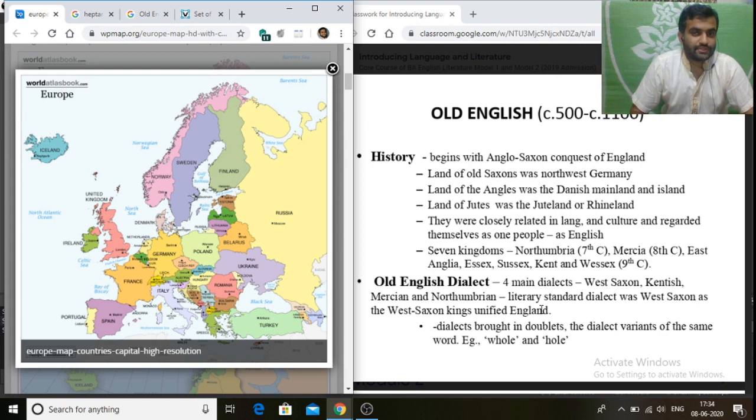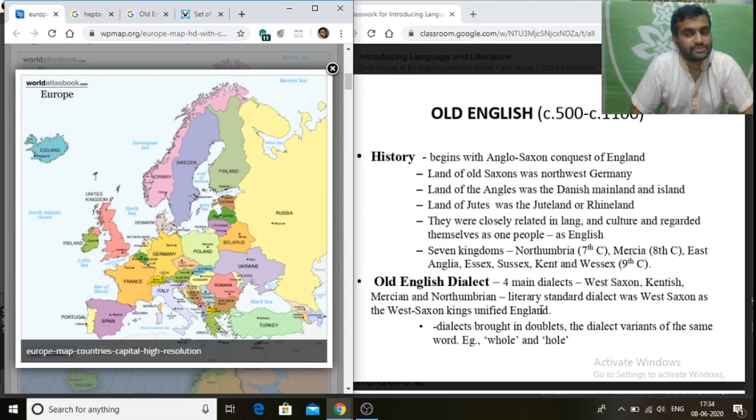The Old English period begins at around 500 AD because that was the time when the Anglo-Saxon tribes came to England after the Roman conquest and started settling in England. They began to exert influence from around 500 AD, and that marks the beginning of the Old English period.